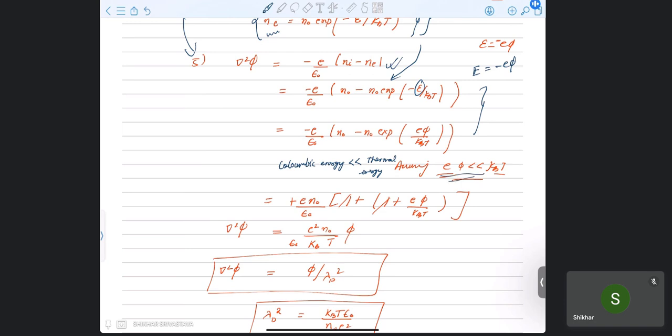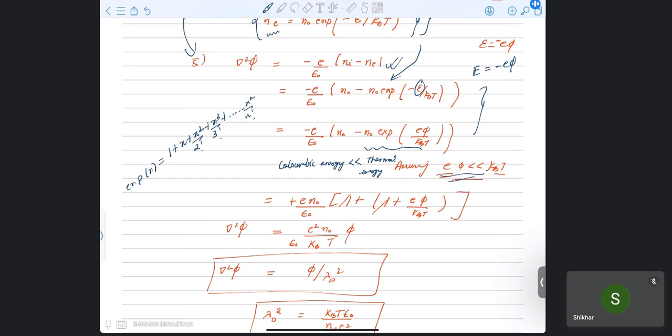So when we do this, and when we just open this exponential, because we know exponential is what? Exponential of x is 1 plus x plus x square upon 2 factorial and so on. This is obtained through binomial expansion. So we just use this and opened exponential of E phi by kBT.